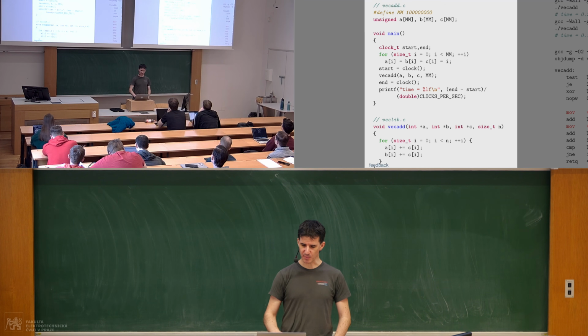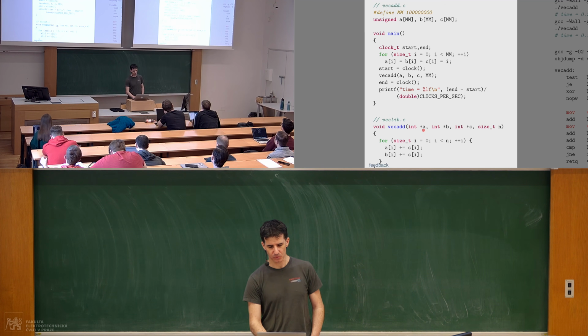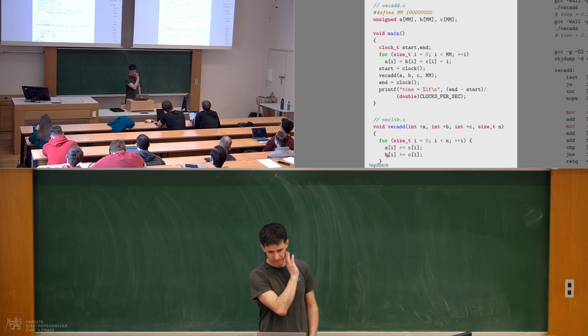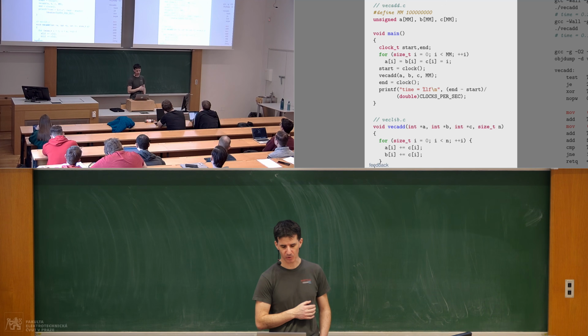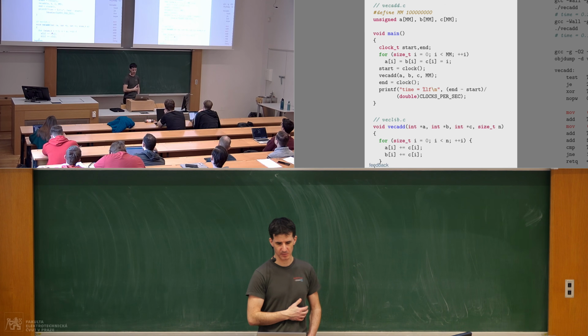The point of this program is to call this function and add this vector C to the values of A and B. So a very, very stupid operation. We just need to do this addition 100 million times.